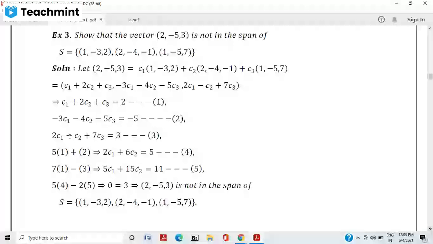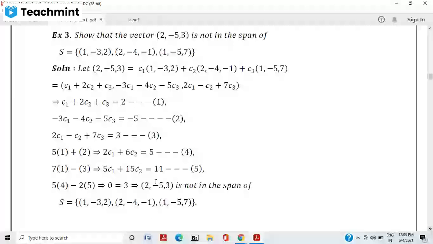Then 14C2 minus, means what you get? 15C2. Here 7C3 minus 7C3 is 0. Then here 14 minus 3 is 11.